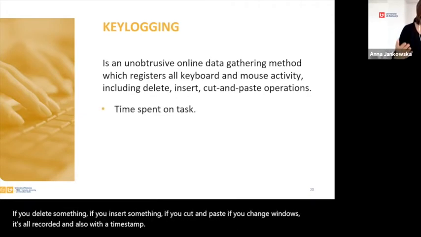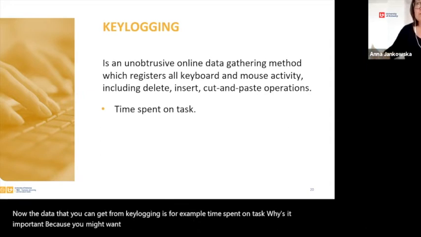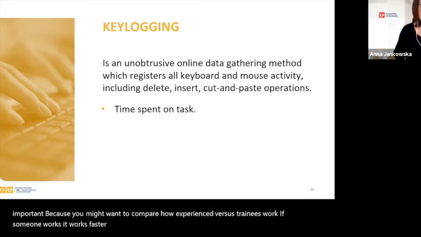Now, the data that you can get from keylogging is, for example, time spent on task. Why is it important? Because you might want to compare how experienced versus trainees work. If someone works faster, for example, okay? Or is a certain type of video easier or faster to subtitle than a different one?